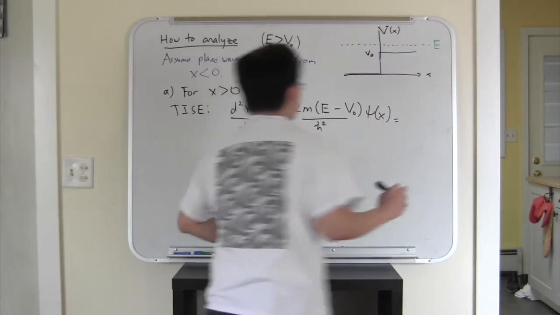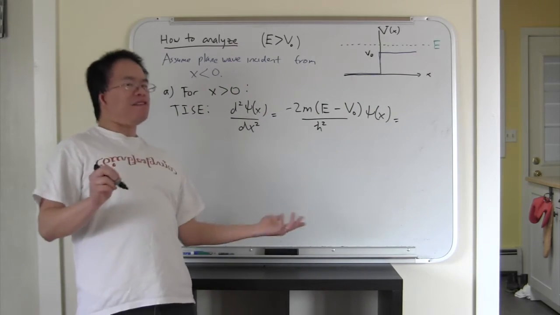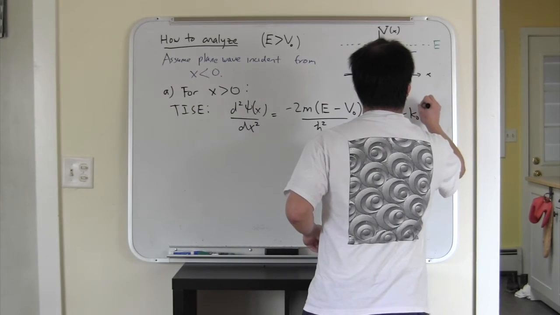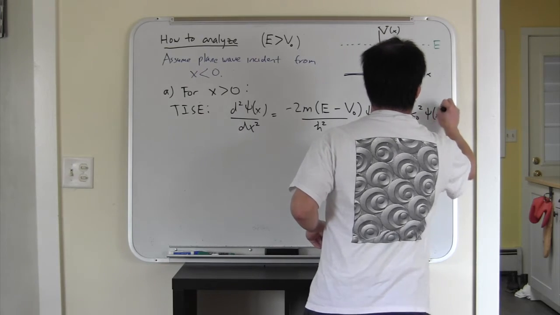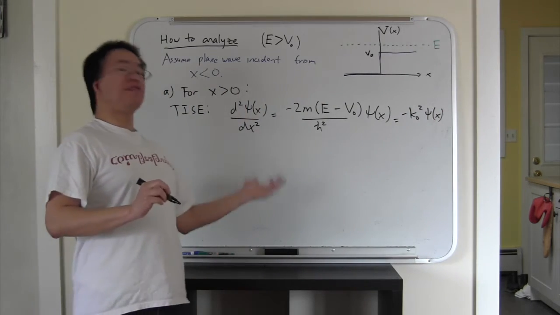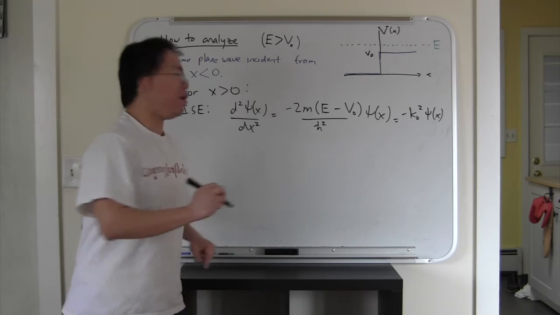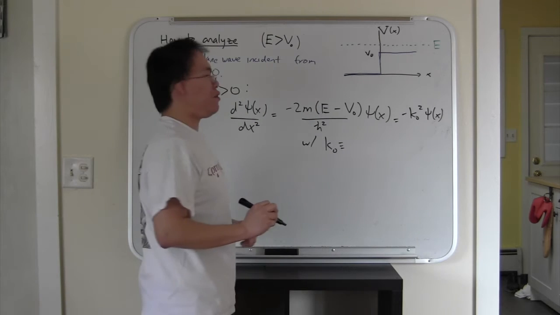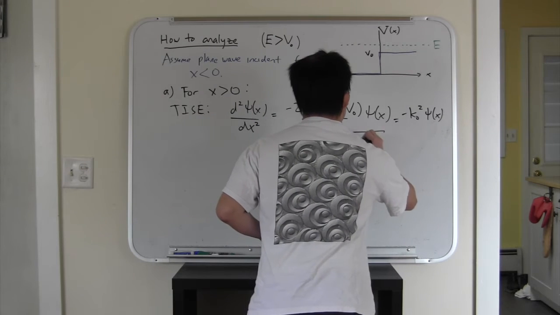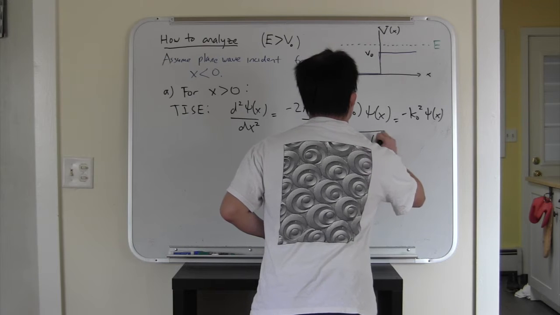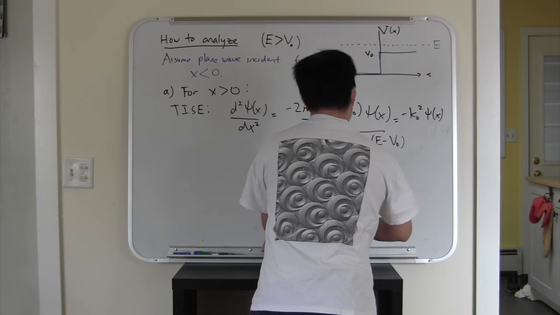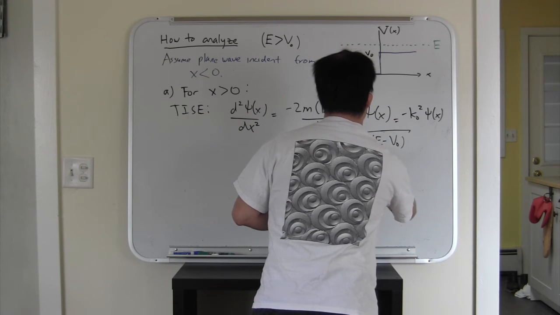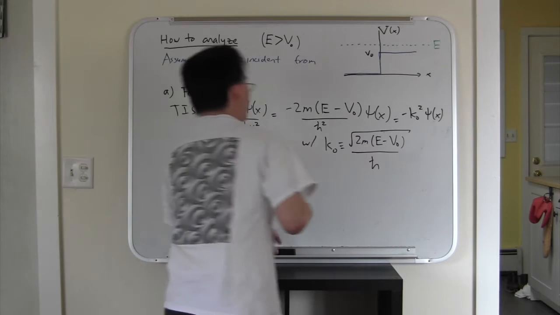So following Townsend's notation, I'll define this as another k, namely I'll call this minus k naught squared psi of x, and this time the k naught will incorporate my V naught, with k naught defined as root 2m(E minus V naught) over h bar.